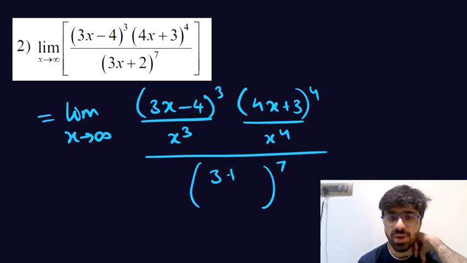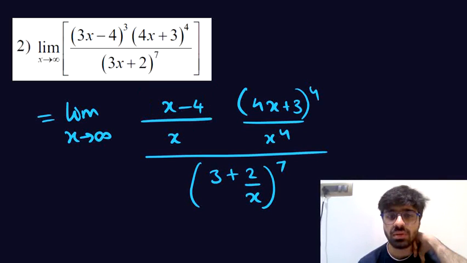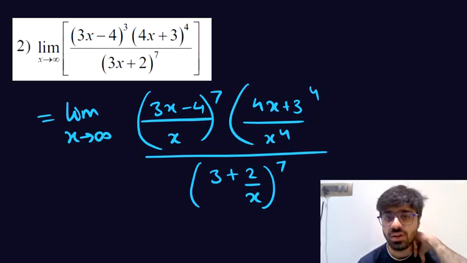So this will be 3 plus 2 upon x. Similarly, you can take this cube common and you can say this is 3x minus 4, the whole power 7. Similarly, this will be 4x plus 3 upon x, the whole power 4.